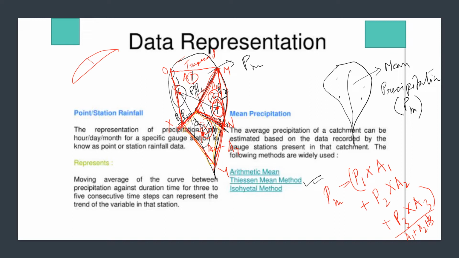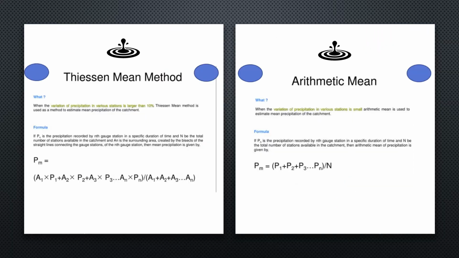Okay, this is the formula for estimating the mean precipitation by the Thiessen mean method, which is also known as the Thiessen Polygon Method. Okay, so now let us take an example and try to solve that problem.